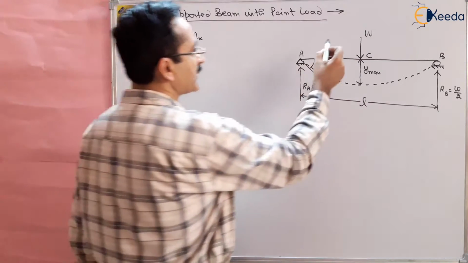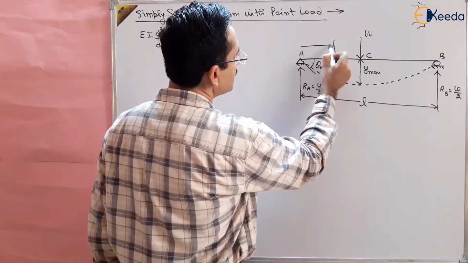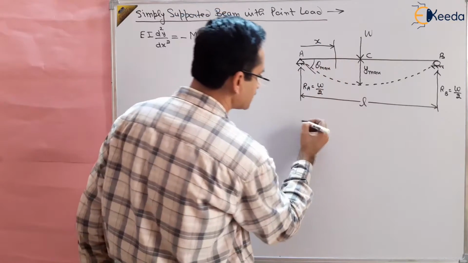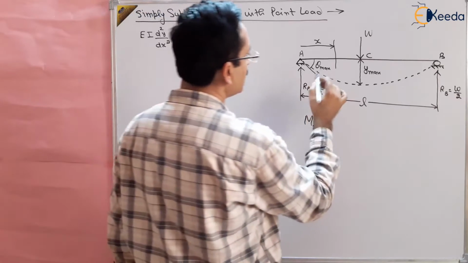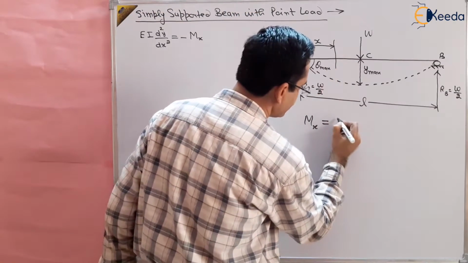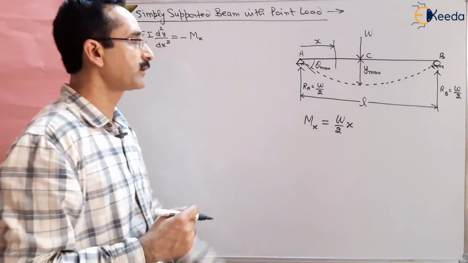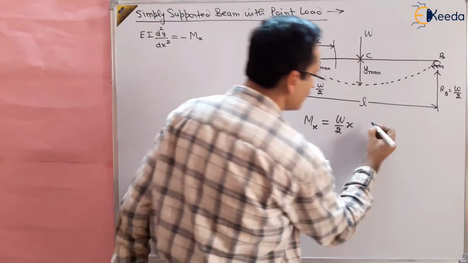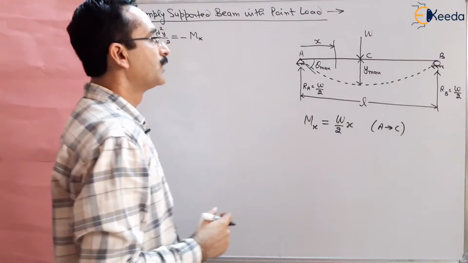Now we can take a section. Suppose I am taking a section here at a distance x. Now what is Mx? Mx will be equal to W by 2 multiplied by x. So this will be positive W by 2 multiplied by x. This is the bending moment, and this is valid between A to C, because after that there is another load.